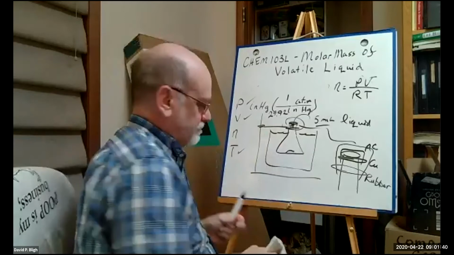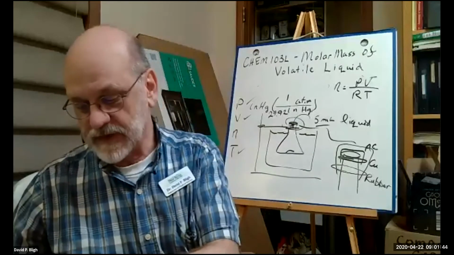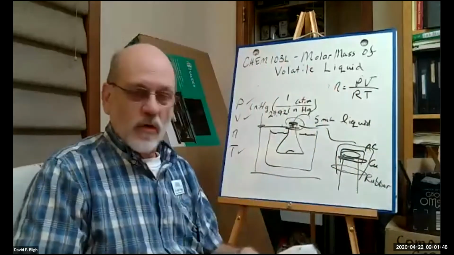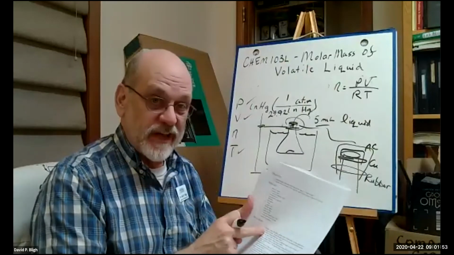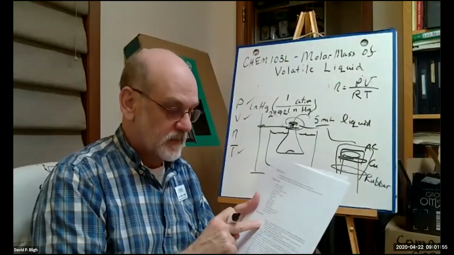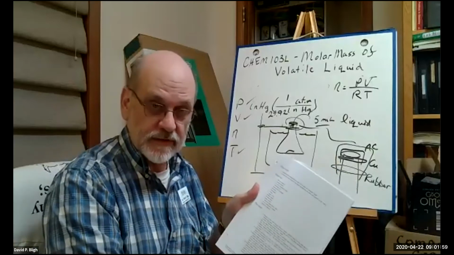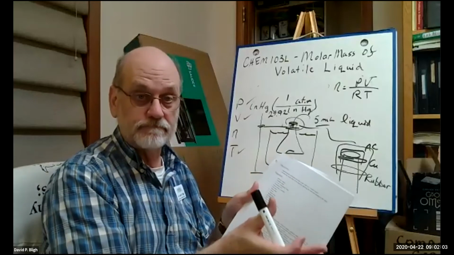Now again, I repeat myself because I think it's necessary. When you're writing your formal report, you don't regurgitate the procedure. The procedure here in the hard copy says do this, do this, do this. That's what you put in your lab notebook.